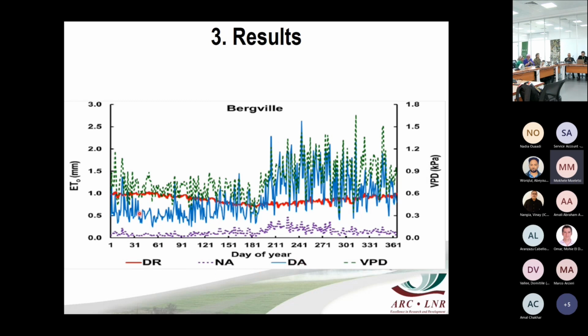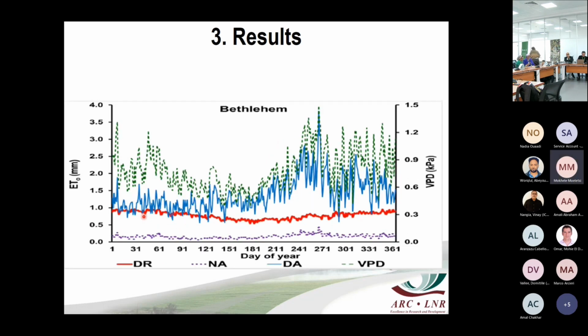As you can see, the contribution of the radiation or thermodynamic control is relatively higher here in Bergville. You see that in the next picture, where I'm talking about Bethlehem.